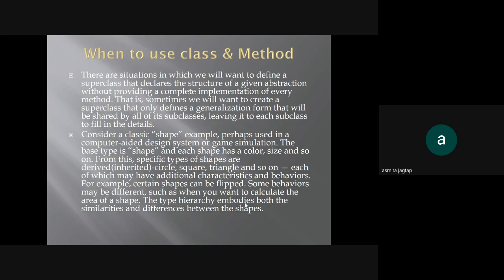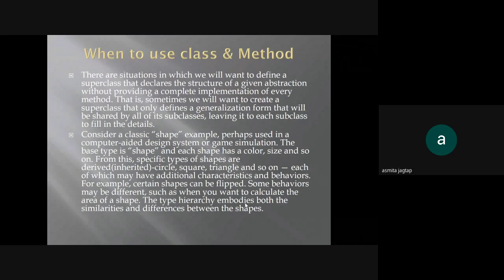So when generalization comes in, the parent has only the general method, and if the child wants to do some specialized things, the child implements those methods in its own class. That is nothing but generalizing things. At that time go with this.